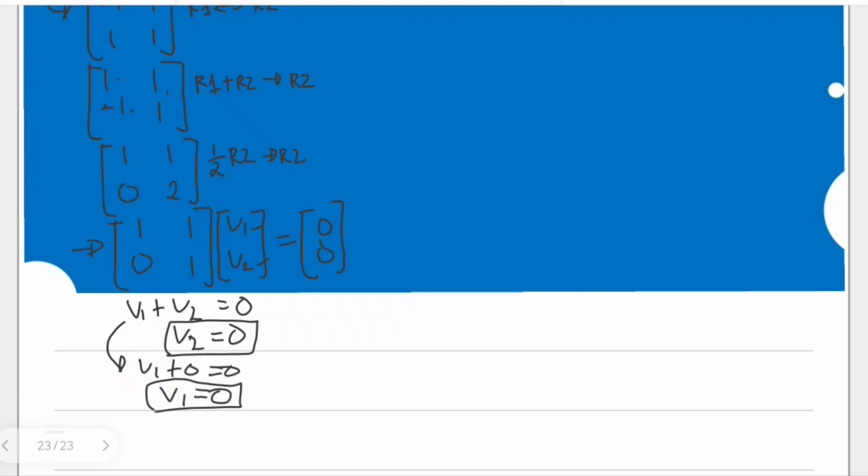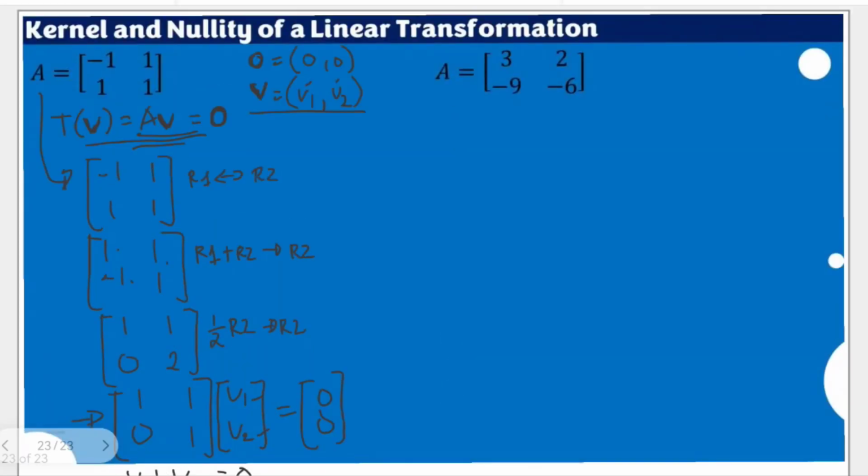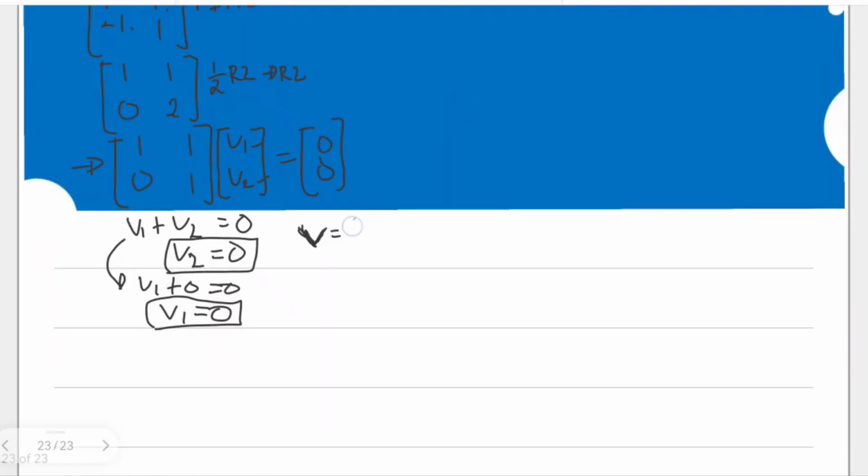In short, the vector that will make this matrix equal to the zero vector is the zero vector itself. So the kernel of T is just the set containing the zero vector itself.